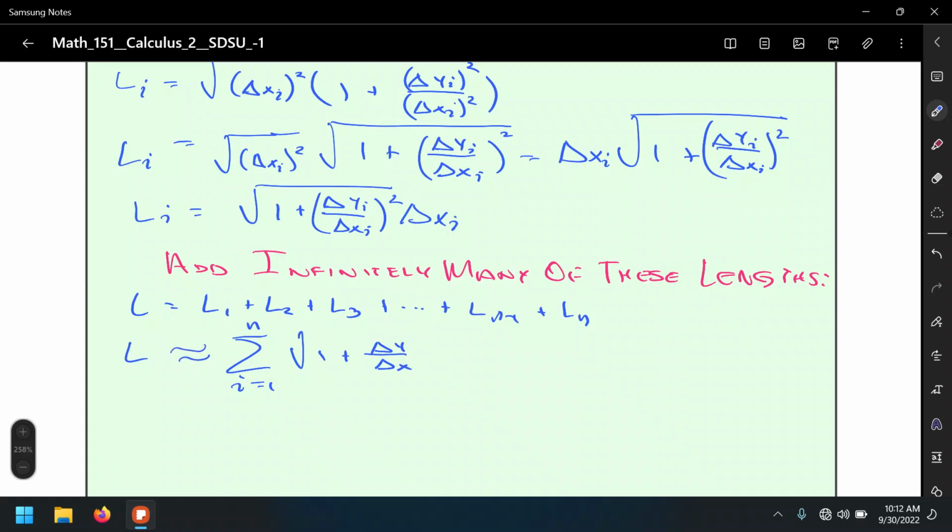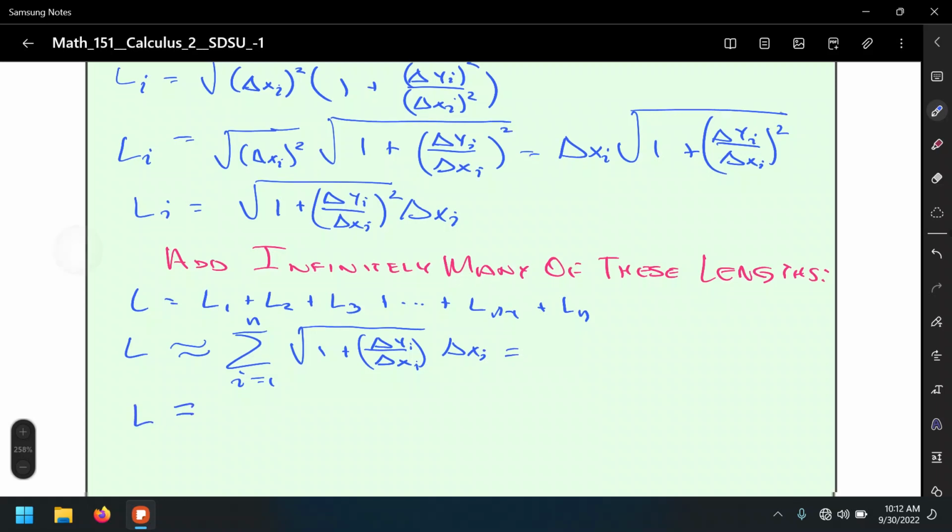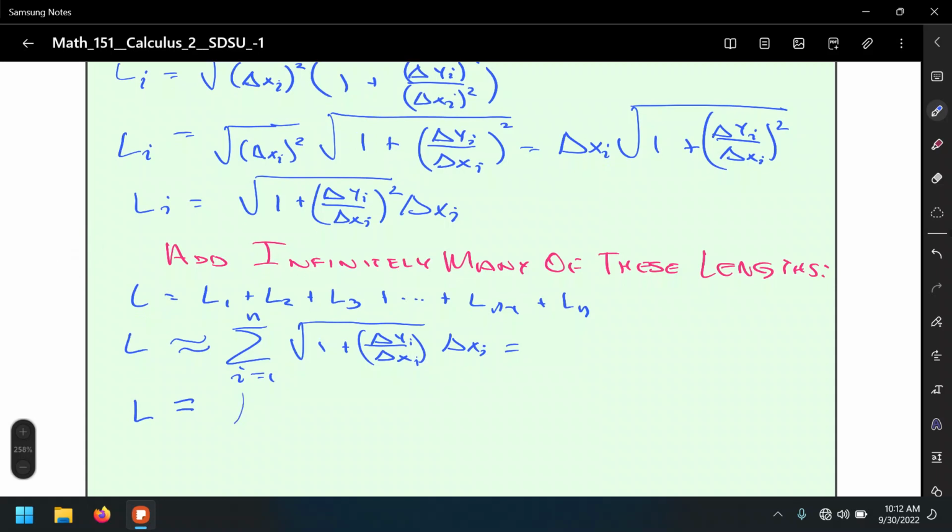This is only approximate, by the way, so we want the exact value, not the approximation, by finding the limit of the sum.